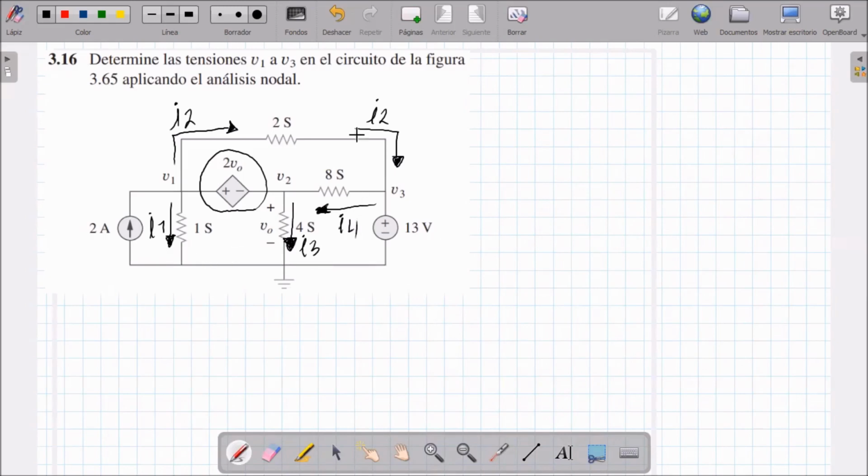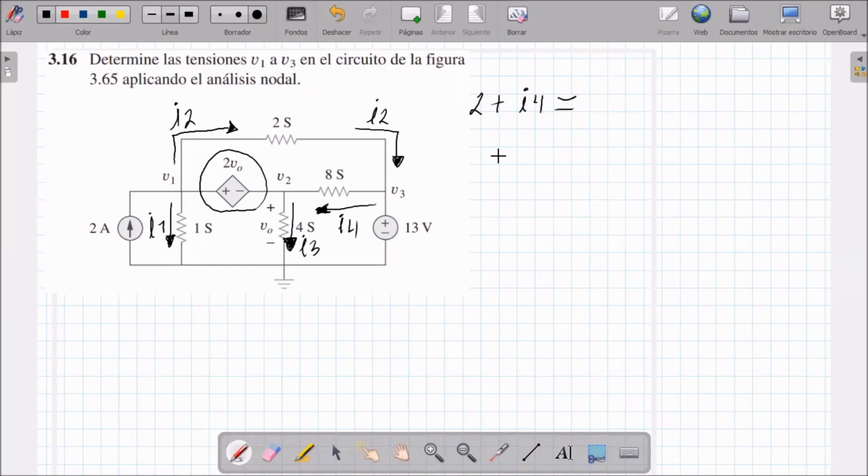So first I make the supernode at this point, and all the currents that come in are going to be equal to all the currents that go out. I'm going to put the currents that come in first. One of those that comes into this whole point is the 2 amp one. I say 2 amperes plus the other current that enters here, the current I4 arrives here. But let's remember that all of this is a single node. This would be I4.